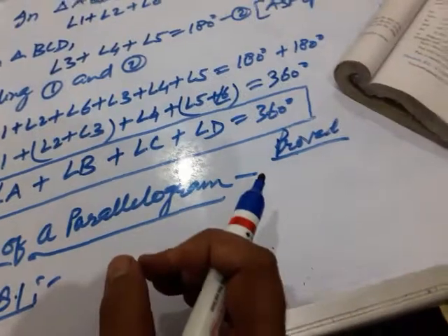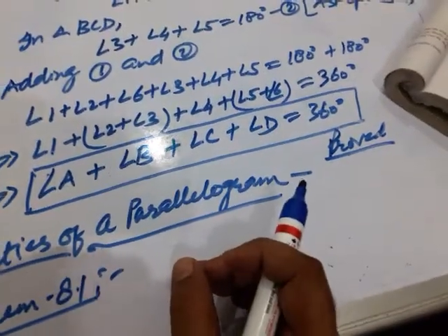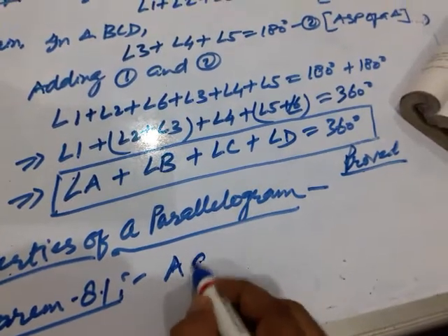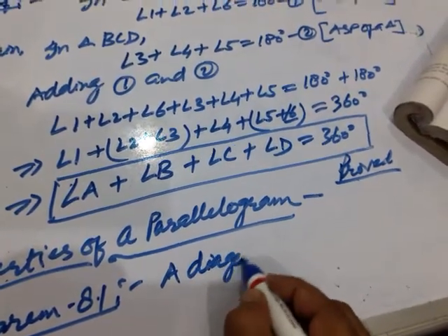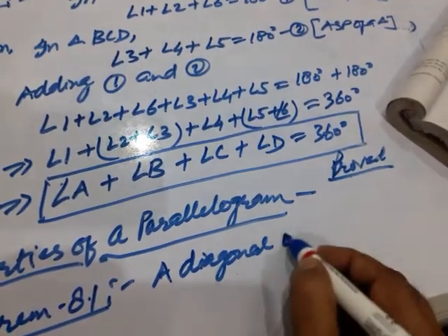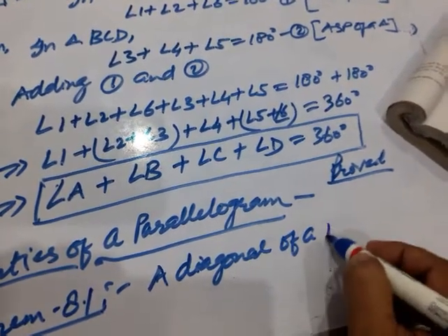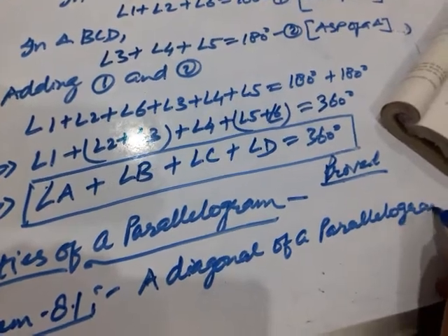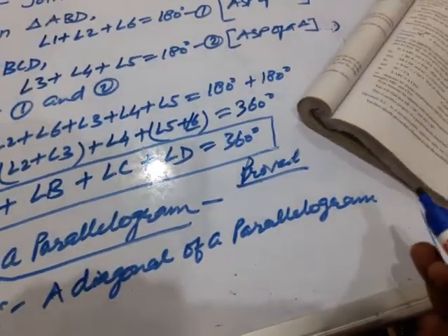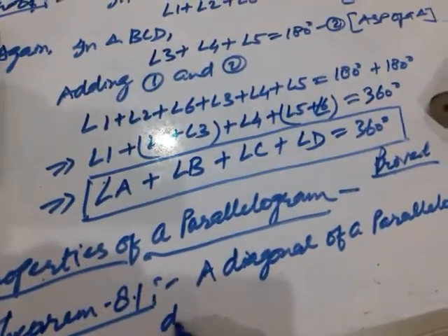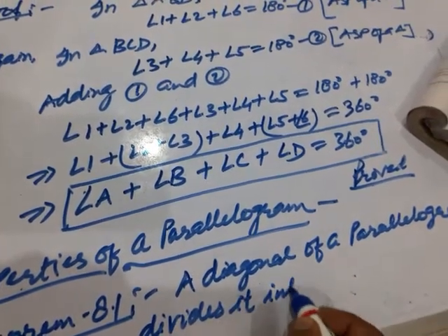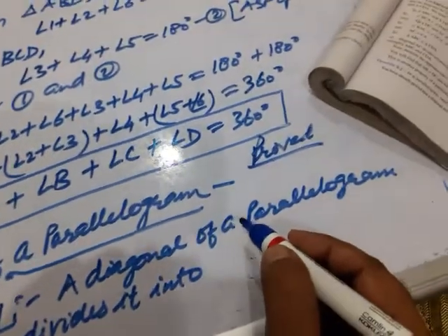A diagonal of a parallelogram divides it into two congruent triangles.